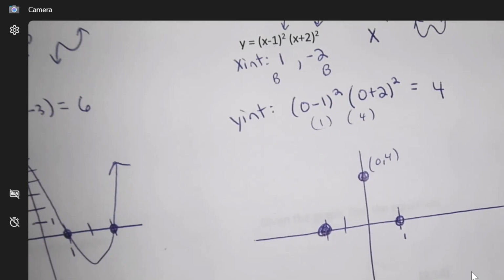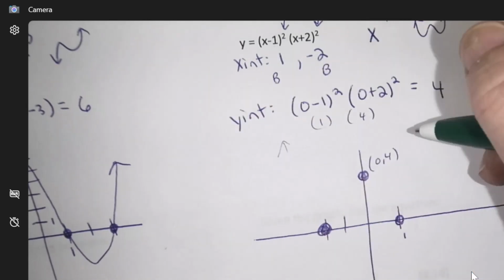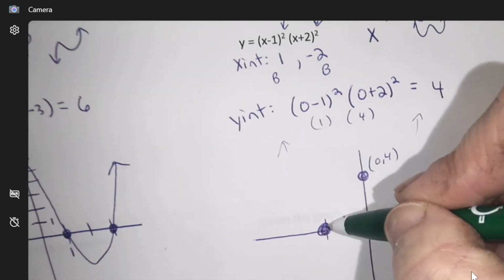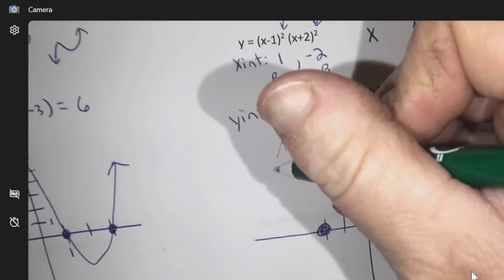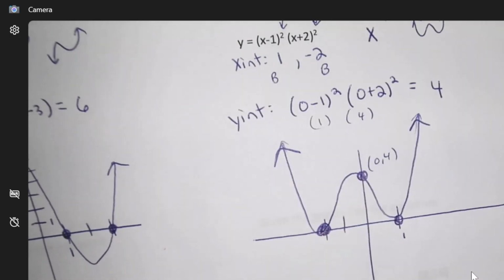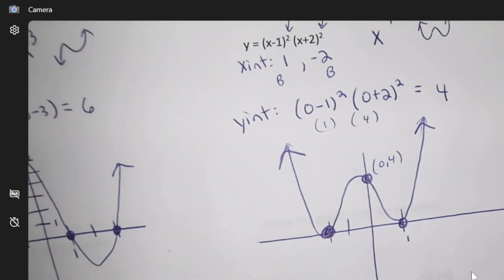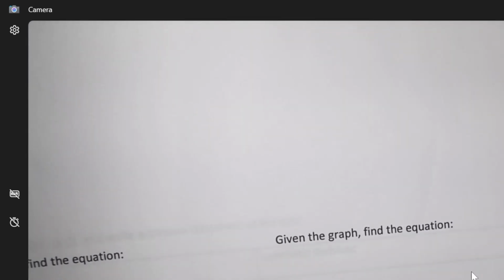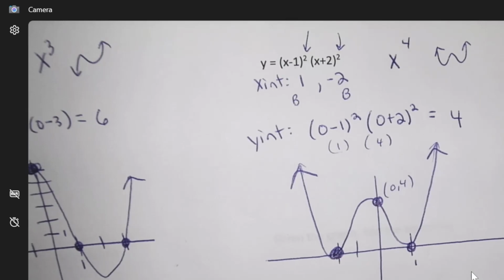I got some labels on enough. And remembering that at the very end here, my arrows have to be doing that, going up, up. And we're going to have to do a bounce. So what is it going to look like? Okay, I'm going to skip.